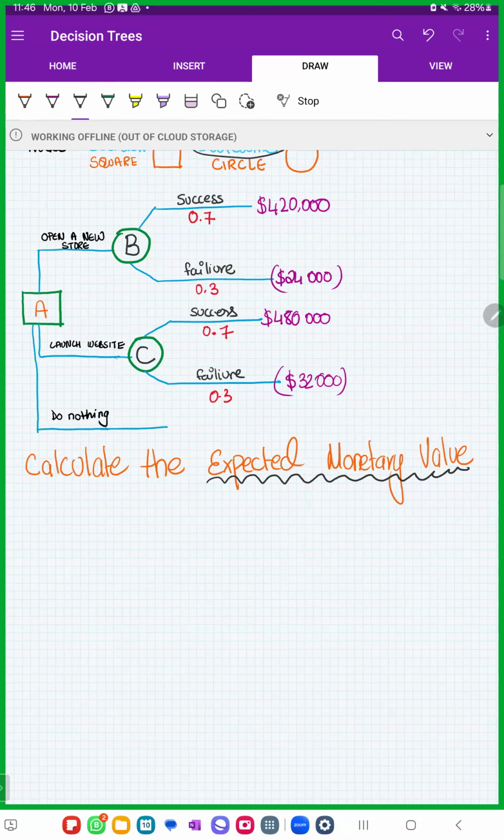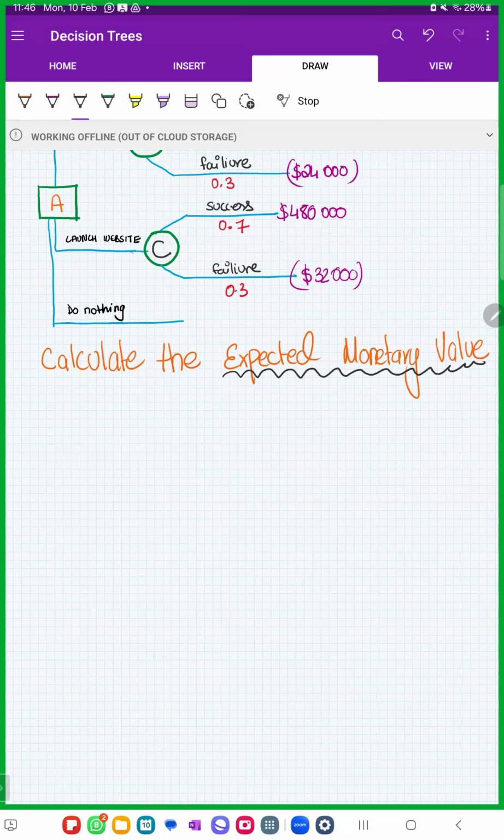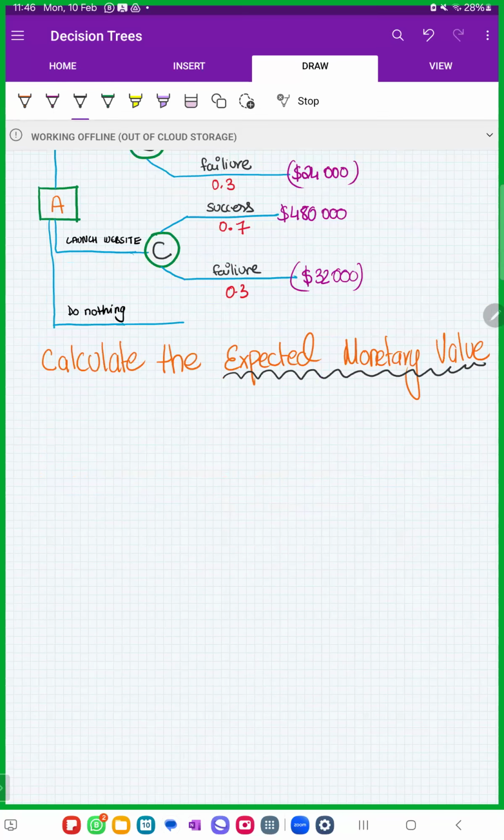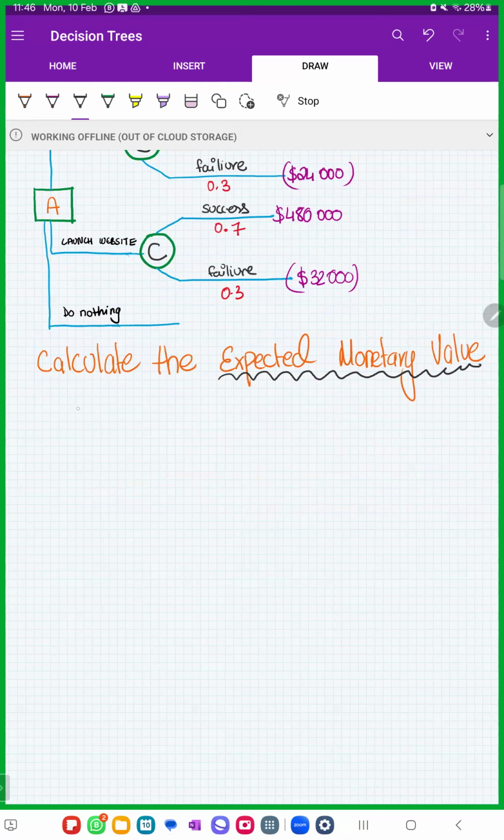How do I calculate the expected monetary value? Let me give you the formula, which will look overwhelming, but when we actually do it, it's going to be simple. The expected value of success multiplied by the probability in the diagram, okay?